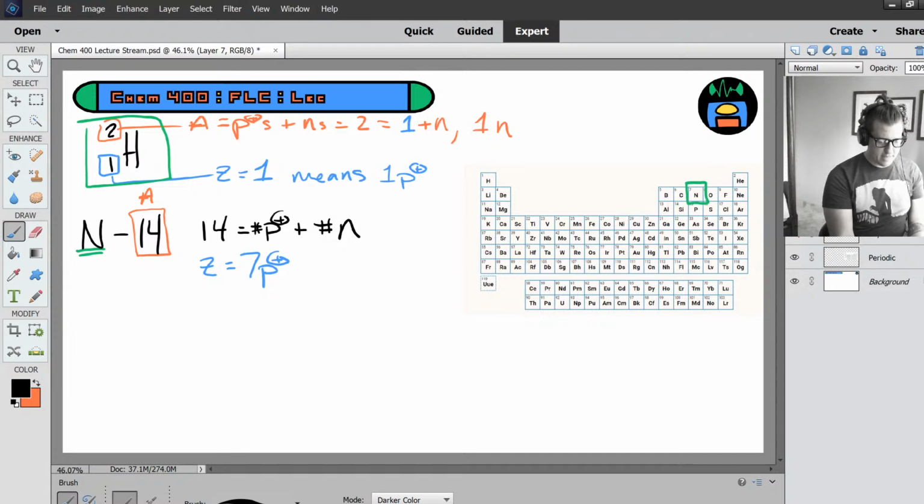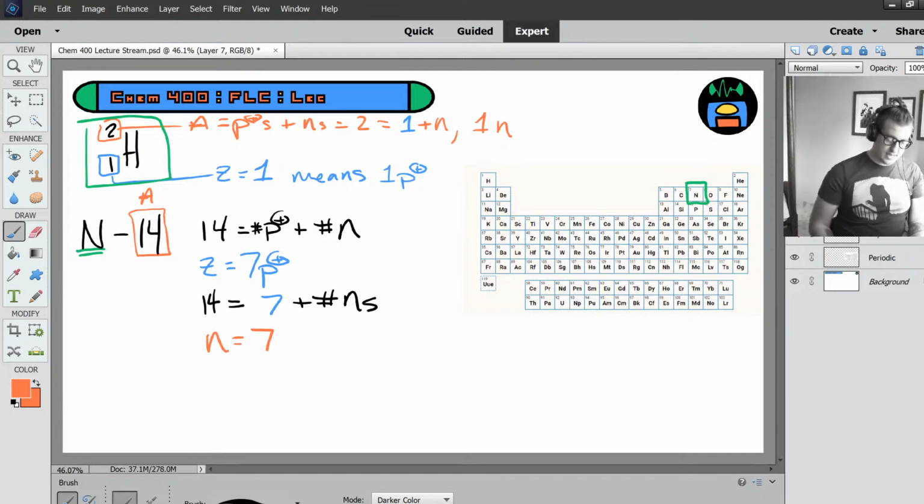Now you can use the mass number. 14 is equal to 7 plus the number of neutrons. And you do a little algebra to realize that nitrogen 14 has 7 neutrons. Right? The number of neutrons is equal to 7.